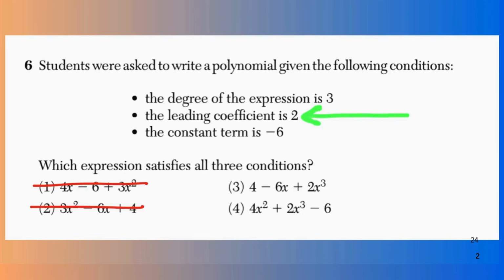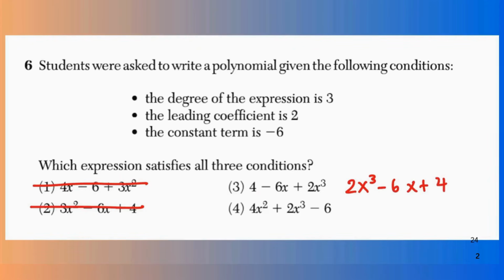The second criteria is that the leading coefficient is 2. Now, a coefficient is the number that's before the variable, being multiplied by the variable. But the leading coefficient specifically is the first coefficient, but be careful, it's only the first coefficient when our expressions are written in standard form. So we have to first rewrite these in standard form, meaning I'm going to write them in decreasing order of exponents.